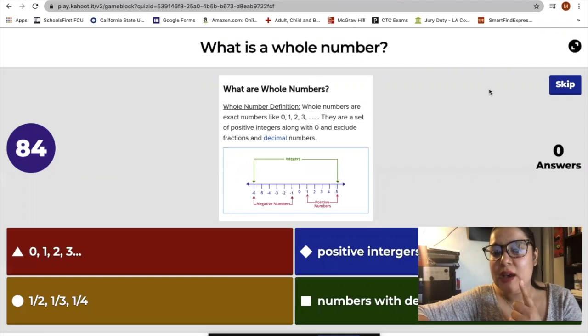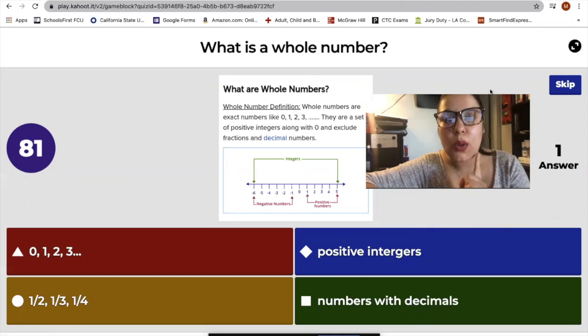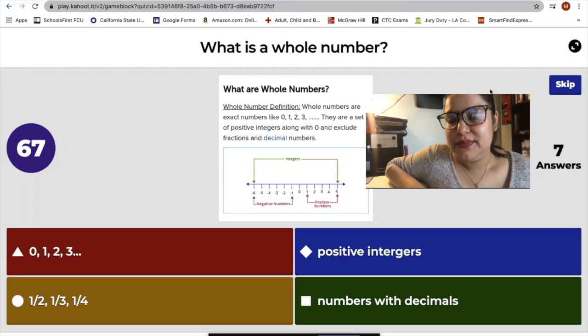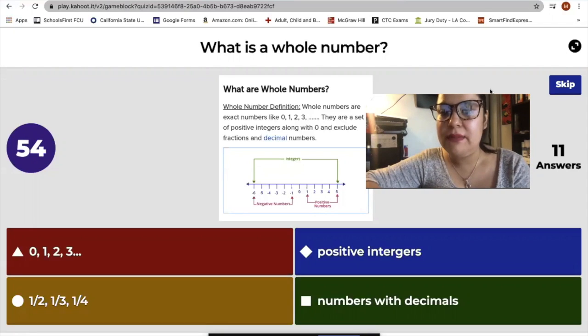So go ahead and tell me, what is a whole number? Oh, orange. And there could be more than one answer correct. Everyone answered. We only had 11 people join.